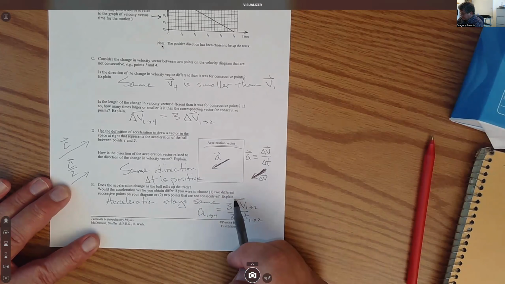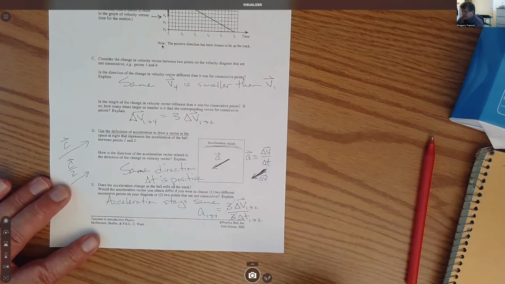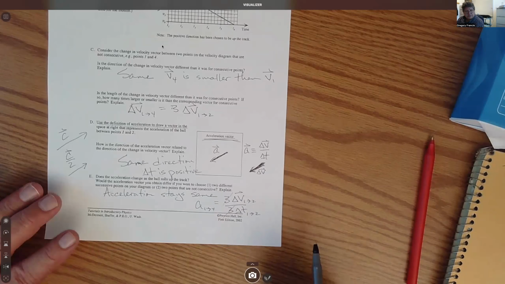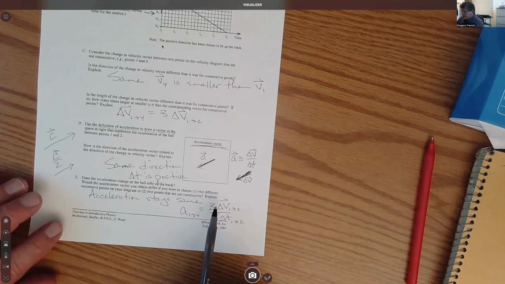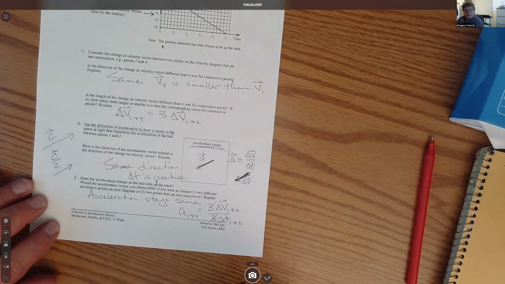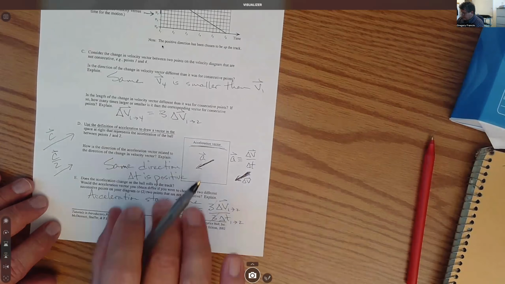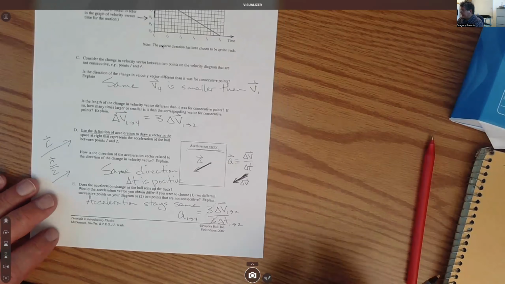And the 3 cancels out in that equation. And so I get the same value for this acceleration from my definition, whether I'm looking at 2 points that are consecutive in time or whether I'm looking at points 1 and 4.